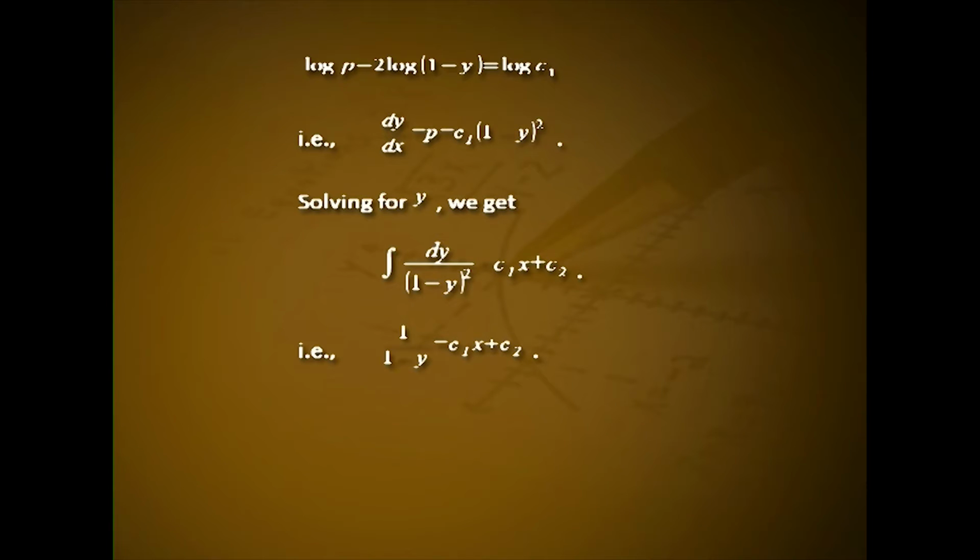Solving for y, we get integral of dy by 1 minus y whole square is equal to c1x plus c2, that is 1 by 1 minus y is equal to c1x plus c2. Therefore, the required solution is y is equal to 1 minus 1 by c1x plus c2.